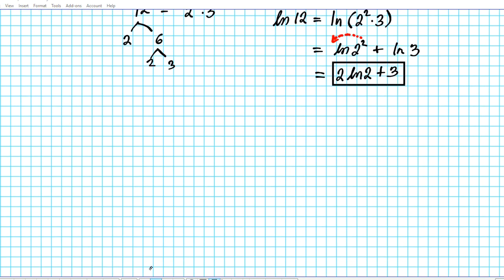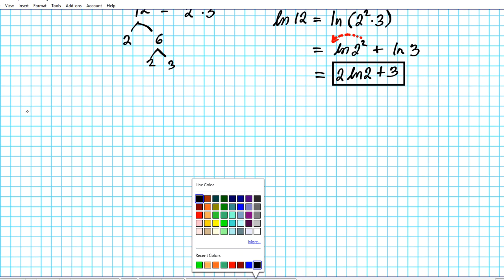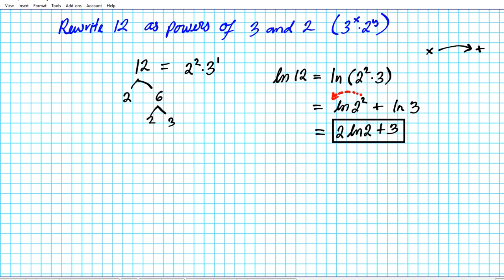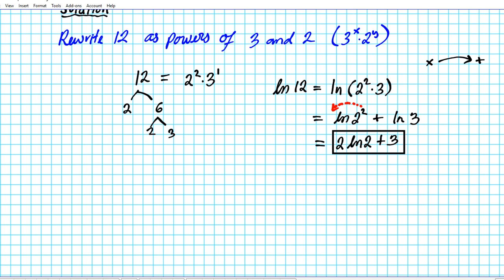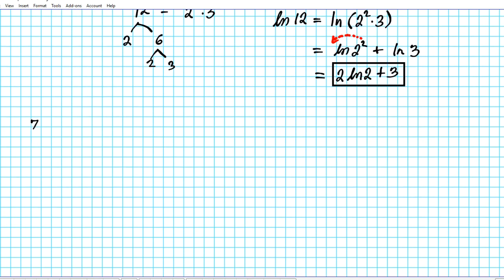Alright, let's try one more example. So that's number 6. So number 7. Let's say we have the natural logarithm of 3 root 2. How do we do something like this? So the goal again is to write this using the natural logarithm of 2 and the natural logarithm of 3.